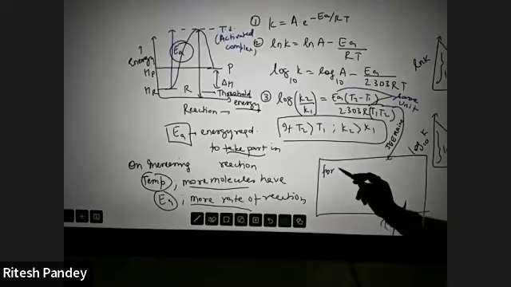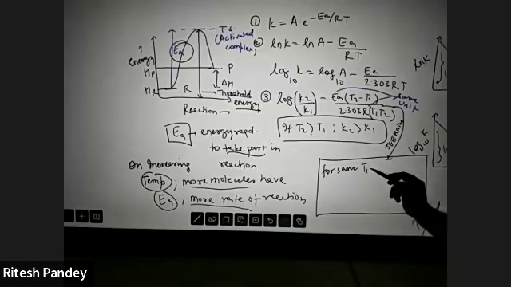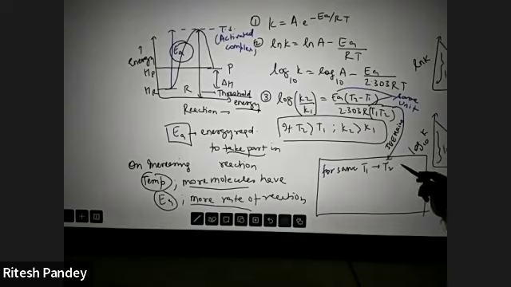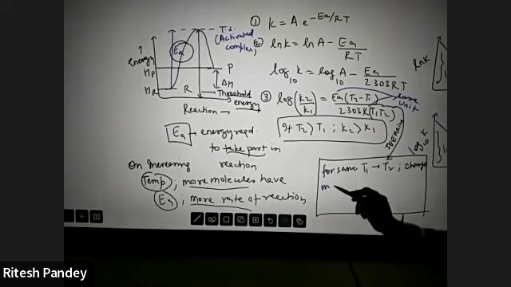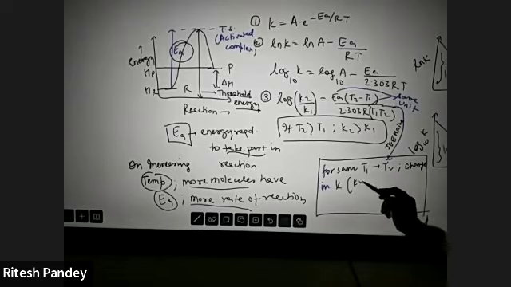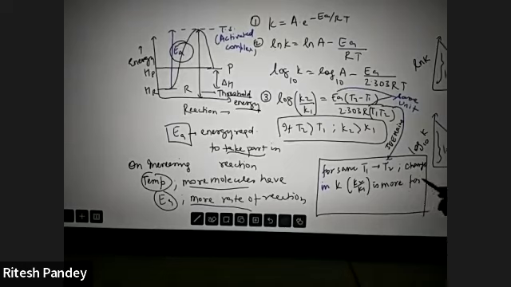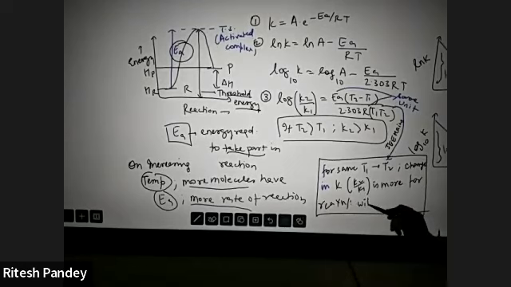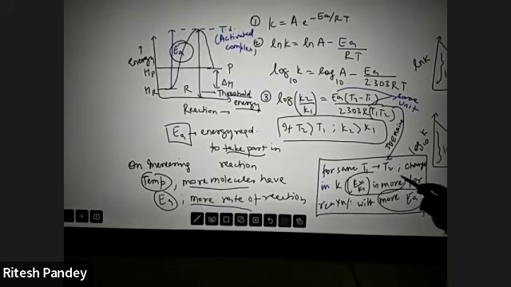Hey, for same T1 to T2, a change in K, or basically K2 by K1, is more for a reaction with higher or more activation energy. I mean, this is an important result.